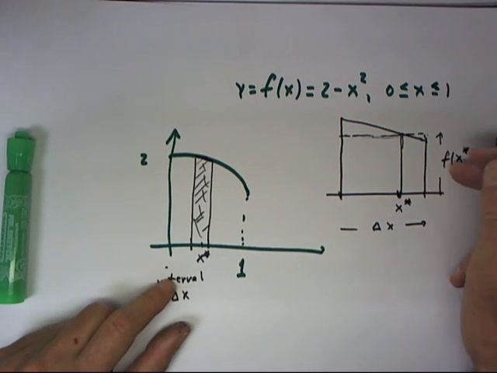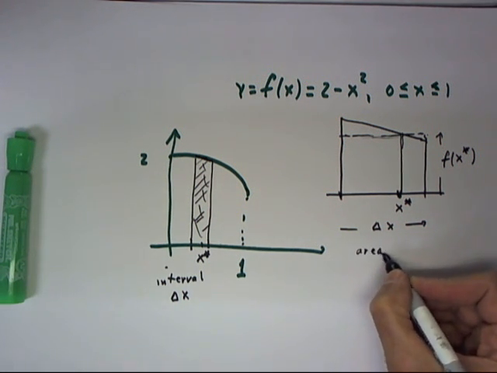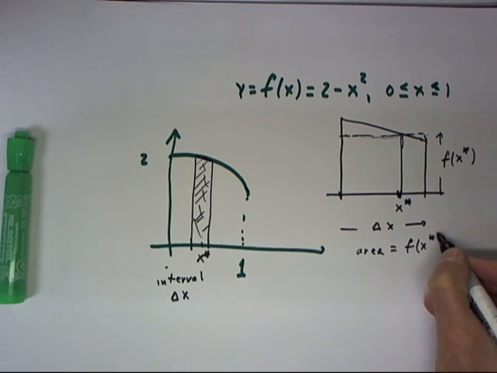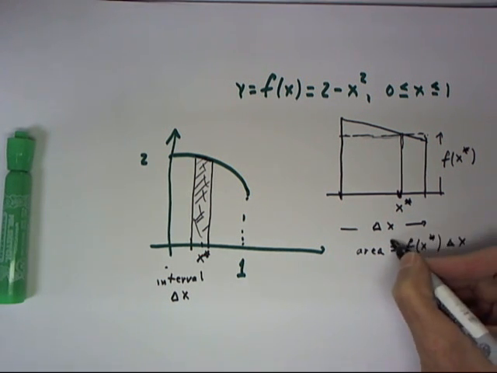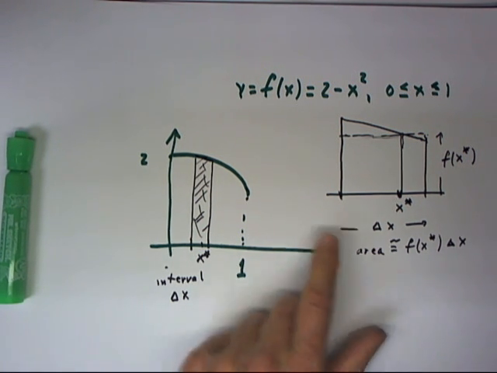In other words, the value of the function f evaluated at x star. So the area equals f of x star delta x, our approximation to the area beneath the graph.